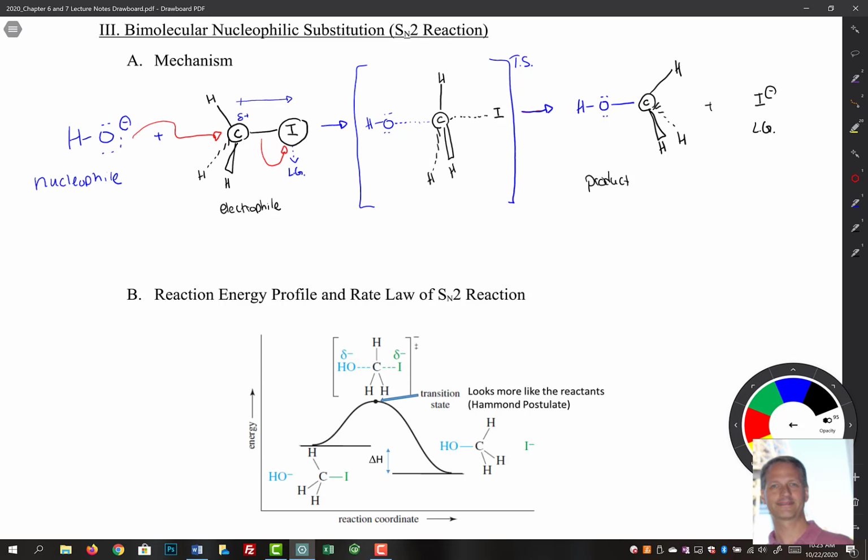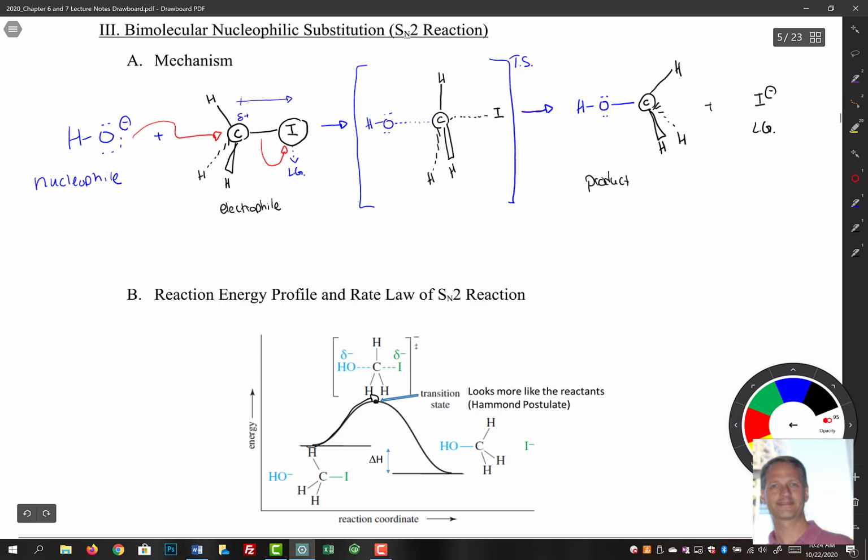Now if we look down below here at the reaction energy profile, we already saw half of it. We started here and we came up to this point right up here. And now we're going to swing down here and we become our product. And then there's your iodide. This energy difference right here would be your delta H for the overall reaction.